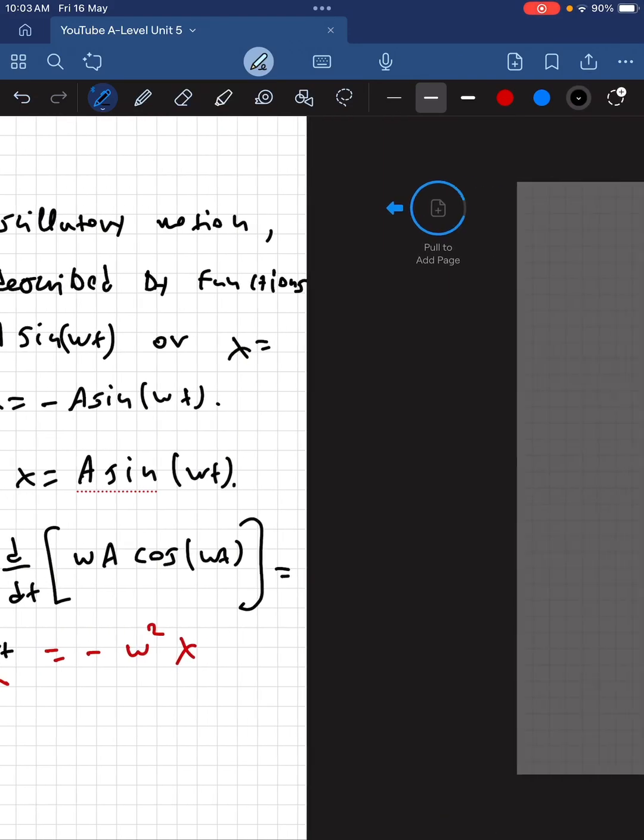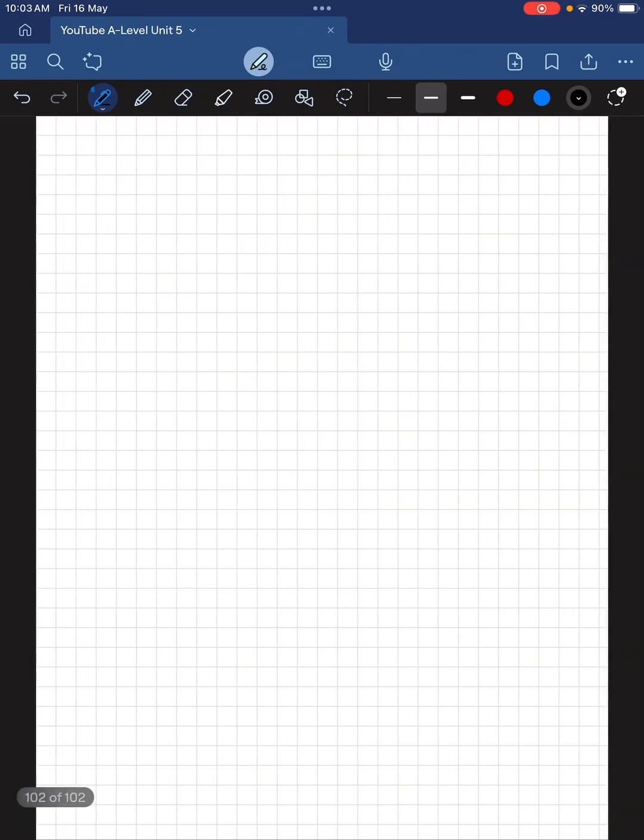So which equation describes the motion? I mean, do we use a sine omega t? Do we use a cosine omega t?